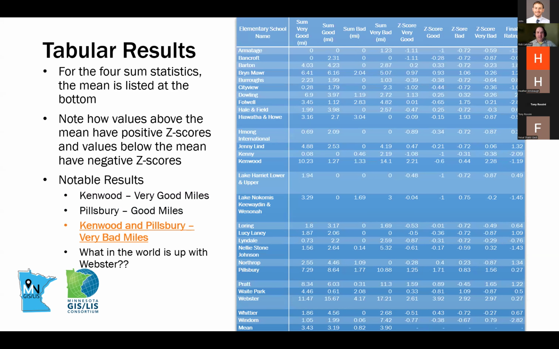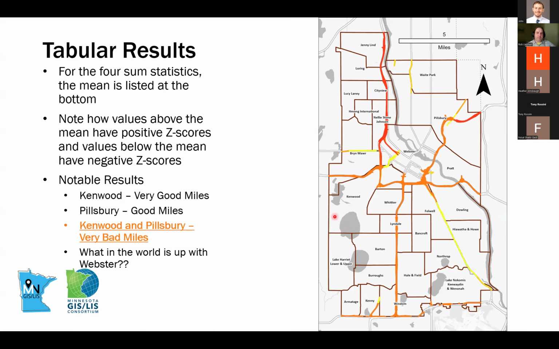Interestingly enough, we're going to look at the same 2 school attendance zones and look at the very bad miles they have. Kenwood has 14 miles of very bad roads with those very high speed limits, and Pillsbury has 10.8 miles of such roads. Well, we already know where those are, so let's go back and look at the speed limits. Here we can see the Kenwood zone, which has these little ramps here to and from Interstate 394.